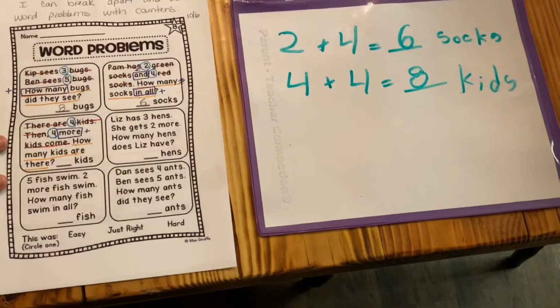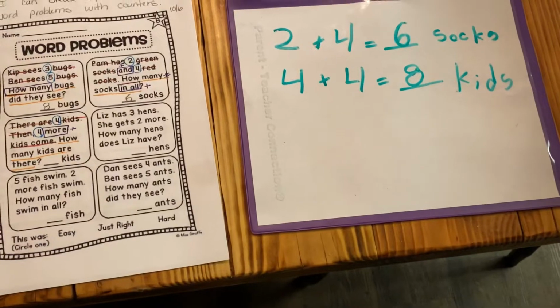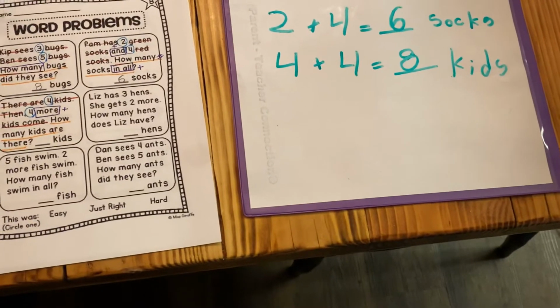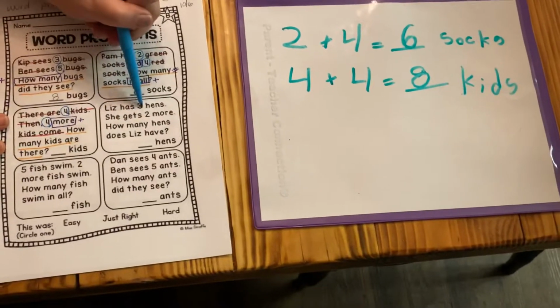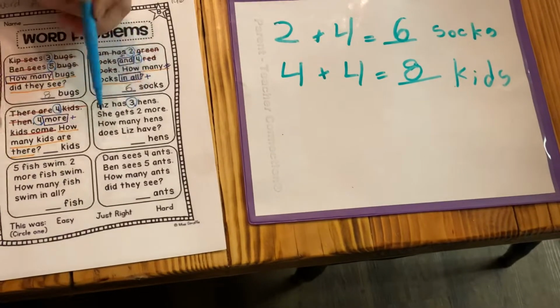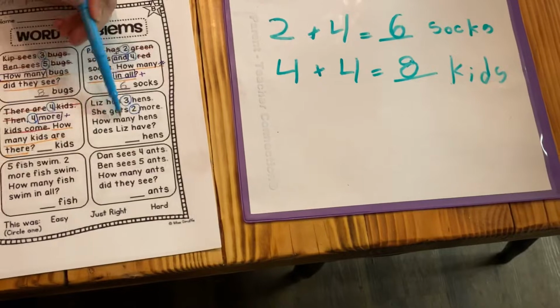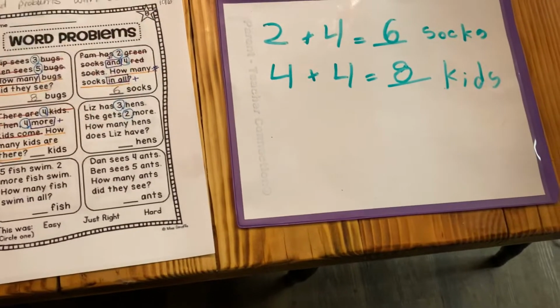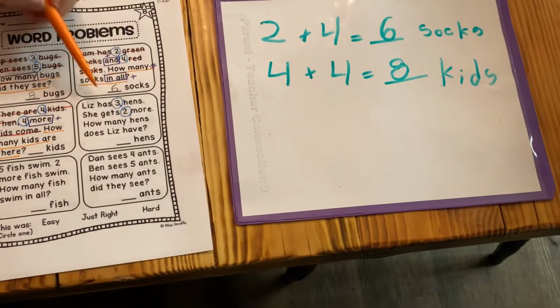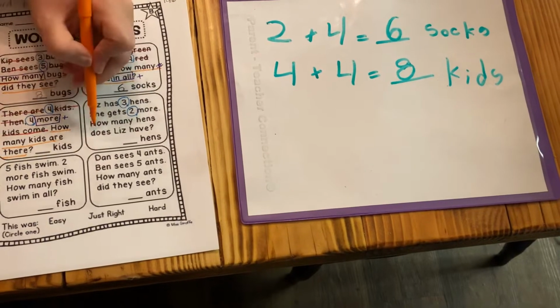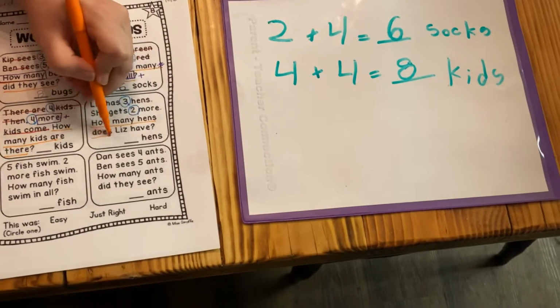Alrighty? I'm going to do 2 more with you, friends. Starting with my blue. Liz has 3 hens. She gets 2 more. How many hens does Liz have? Okay, so I circled in blue. Underline my question. Very good. That's my next spot.